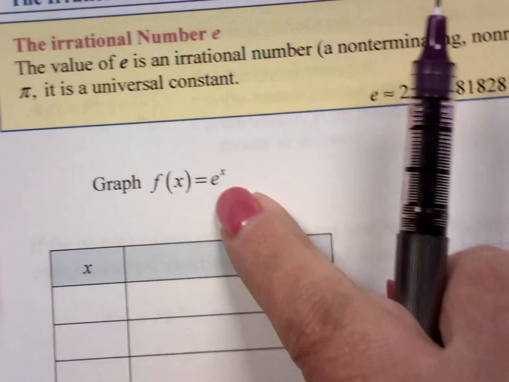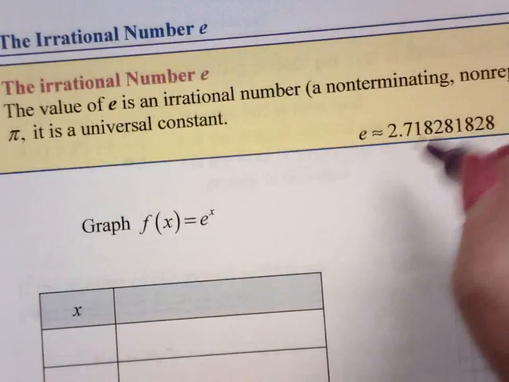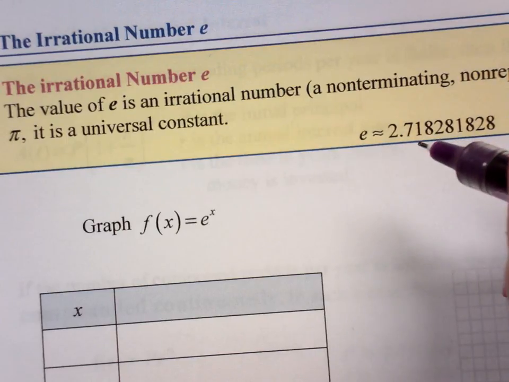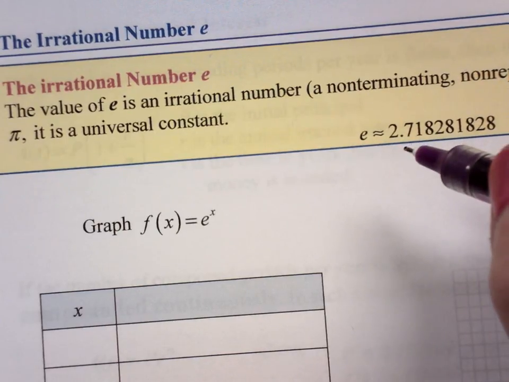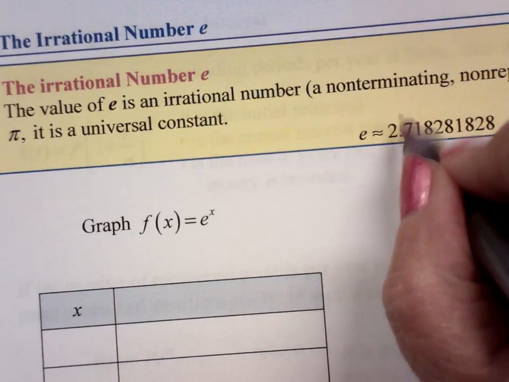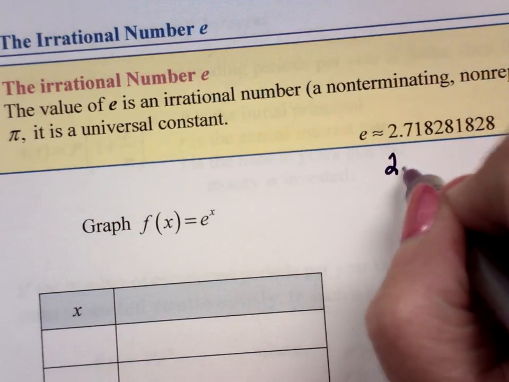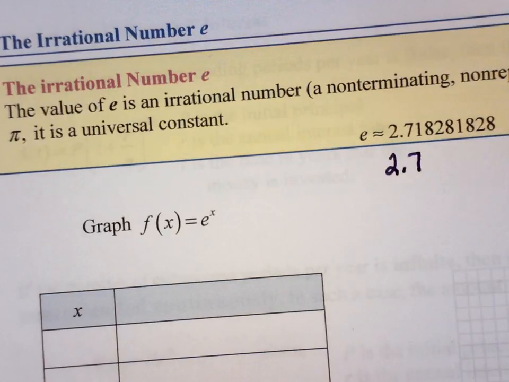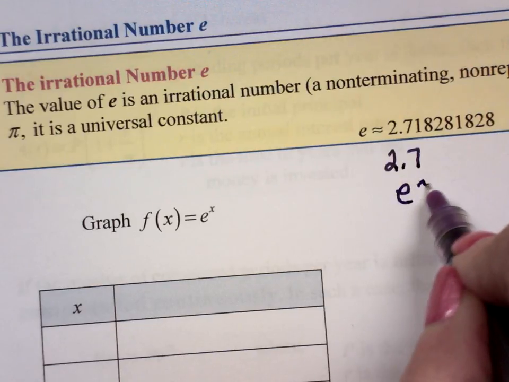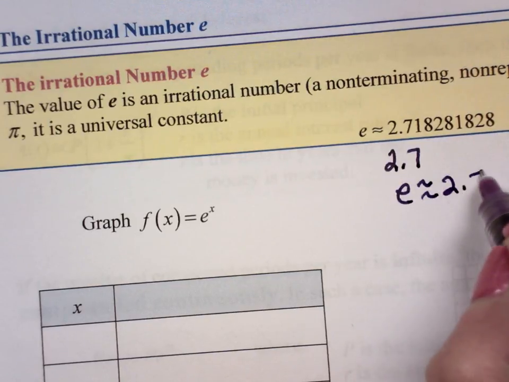You would graph it just like anything else. It's an exponential. By the way, if I'm going to use e and I don't have my grapher or a scientific calculator with me, I might approximate e by 2.7.